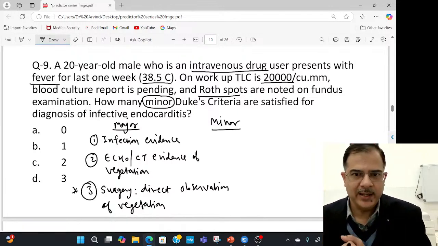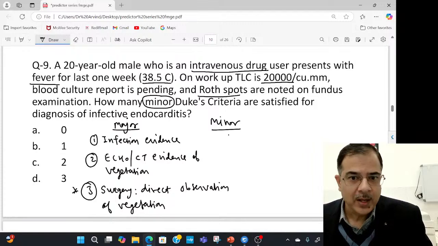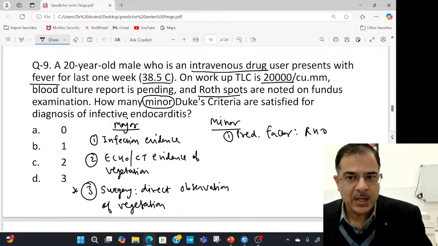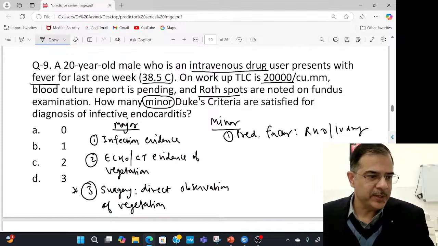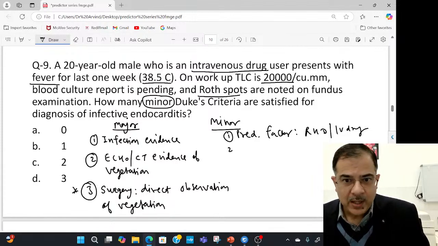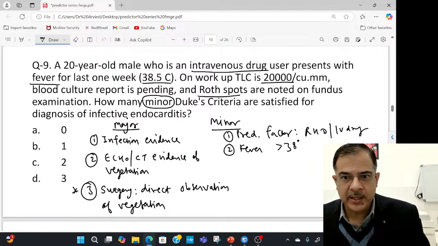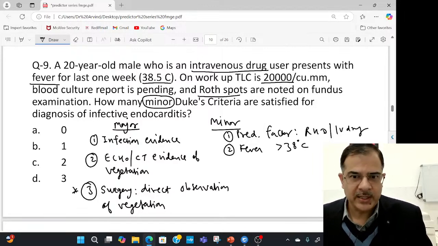Surgeon can directly observe. While the minor criteria: number 1 is predisposing factor, which can be rheumatic heart disease or IV drug abuse, which is present here. Number 2 is presence of fever, which should be more than 38 degrees Celsius, which is present here.